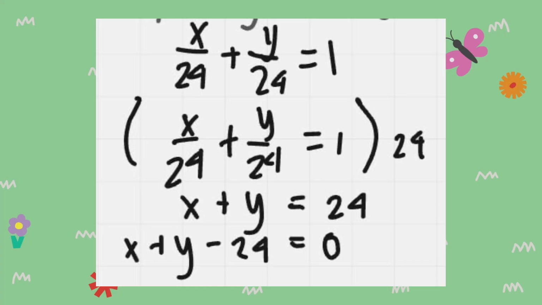Using the formula x over 24 plus y over 24 equals 1, we multiply both sides by 24 and then we get x plus y equals 24. We transpose 24 to the other side and we get our equation x plus y minus 24 equals 0.